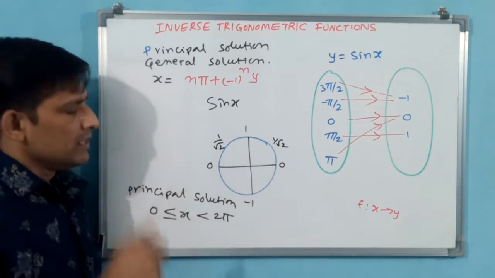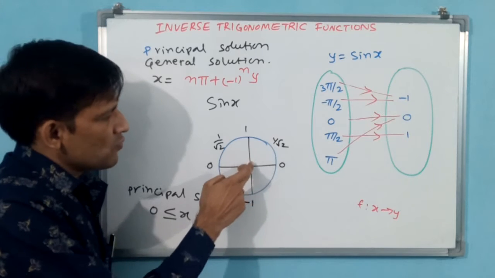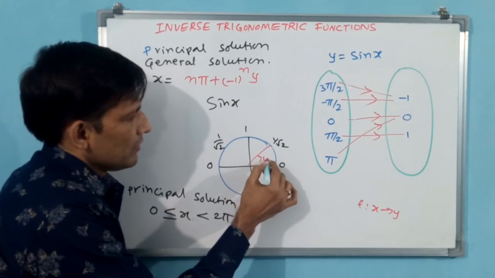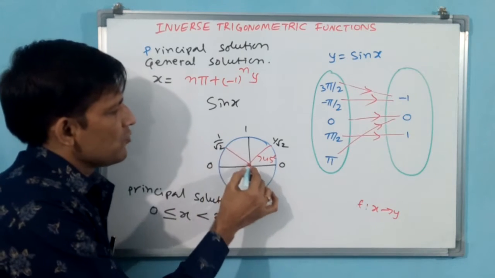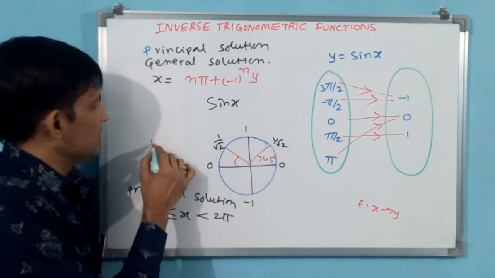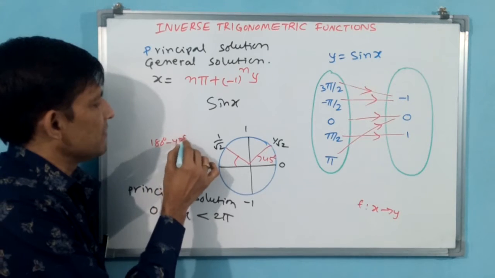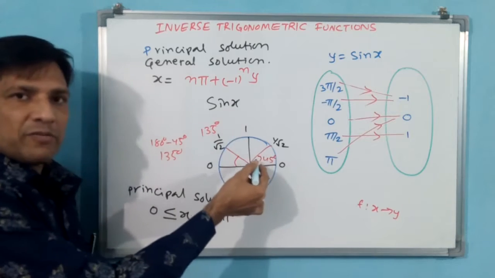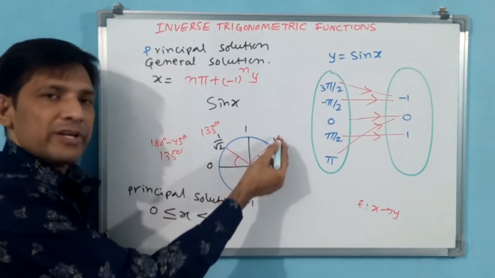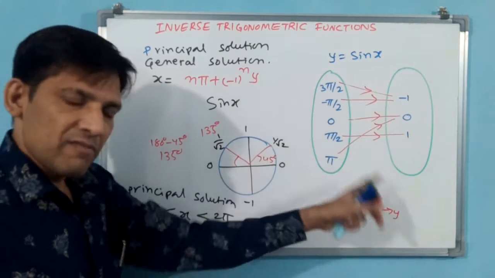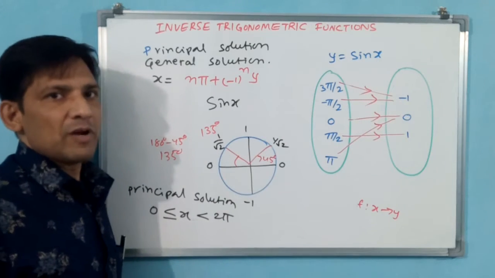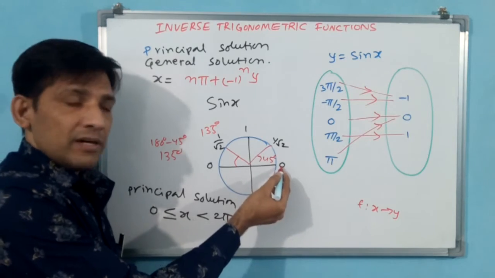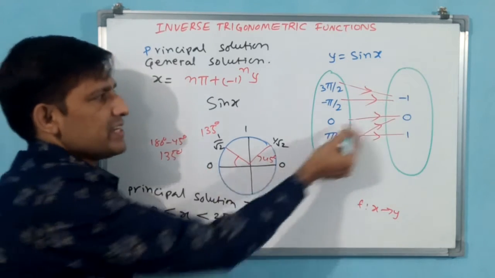If you take that, 1 by root 2 will come at 45 degrees, and also at 180 minus 45, which is 135 degrees. That means sin 135 degree is also 1 by root 2, and sin 45 degree is 1 by root 2. Again a many-one function is going to come. Even 0 degree gives 0, and 180 degree also gives 0.